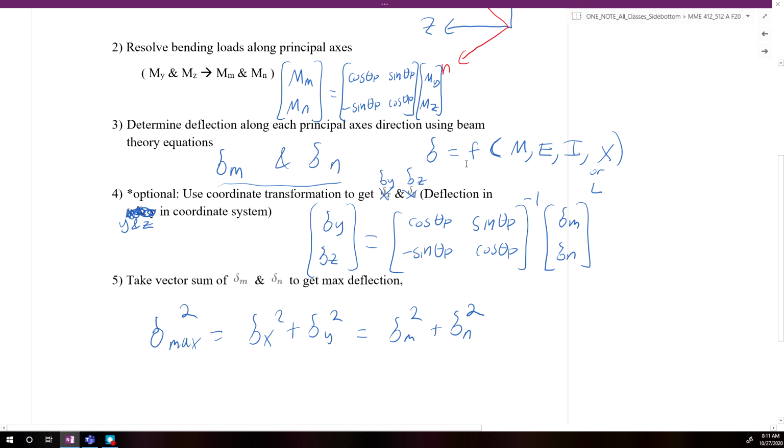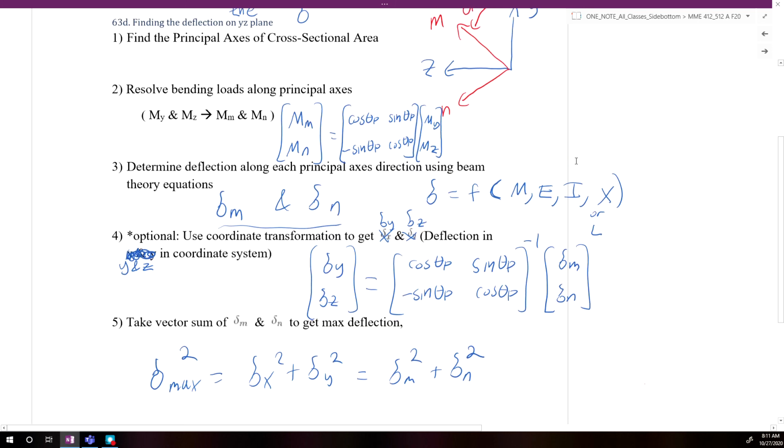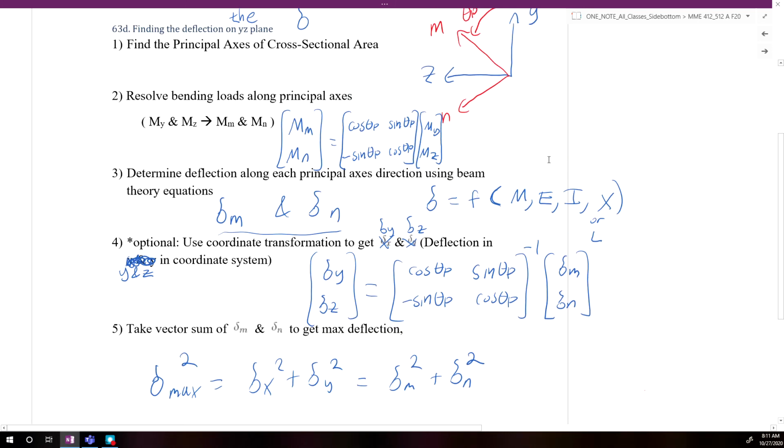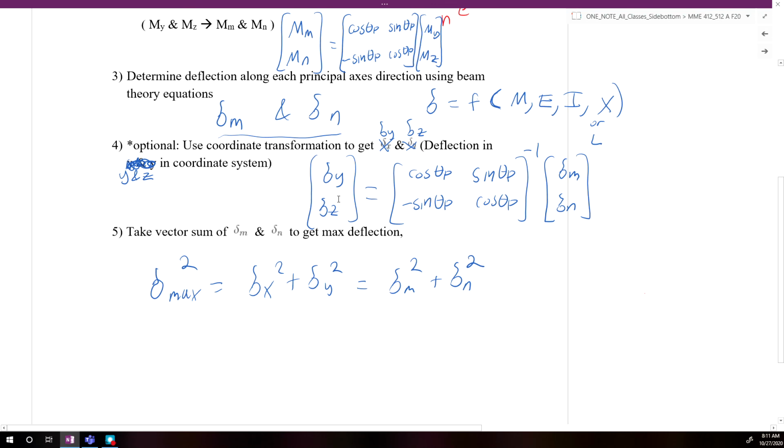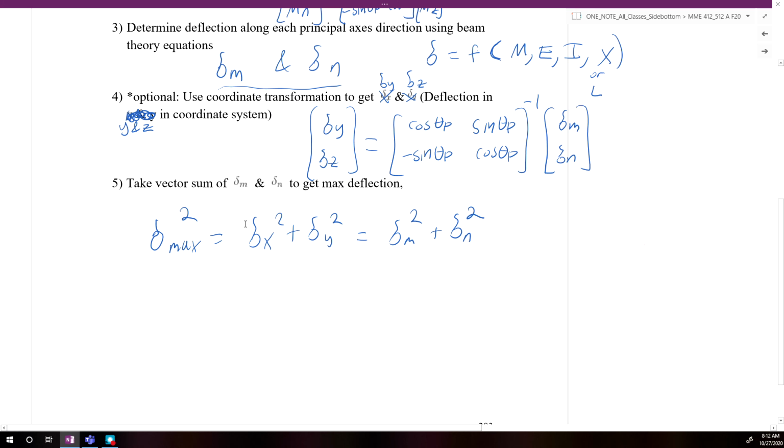We know that the deflection will be some function of M, E, I, and x, depending on the type of cantilever beam or loading situation we have. Once we have delta m and delta n, we can solve for the deflections in the y and z coordinate system using the inverse coordinate transformation, and then take the vector sum of delta m and delta n to get our maximum deflection using this equation at the bottom of the screen.